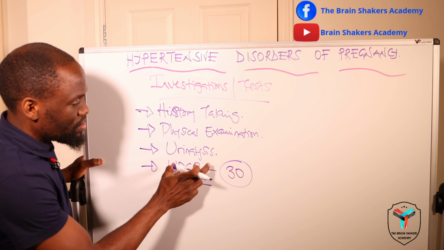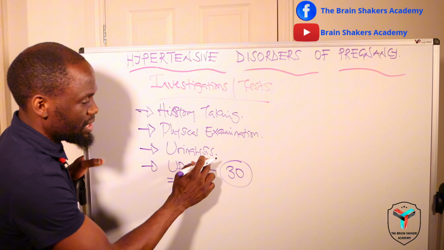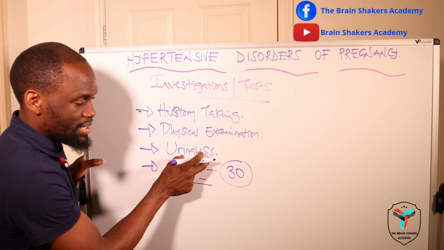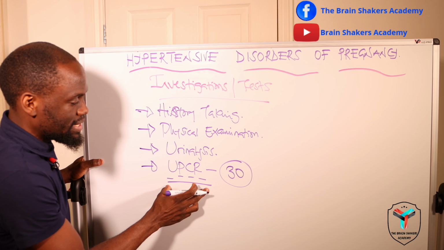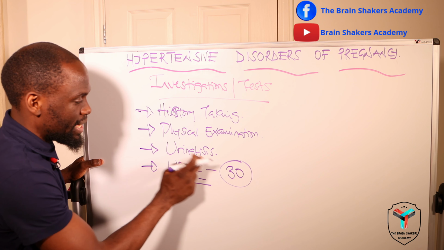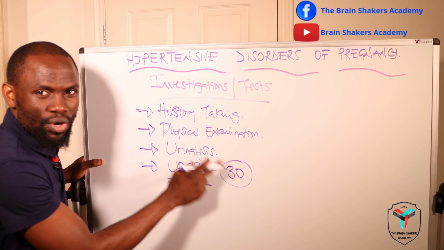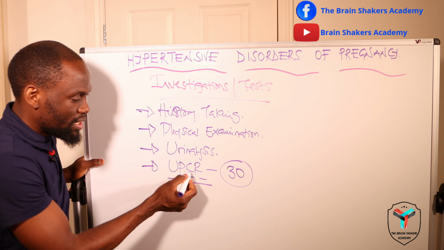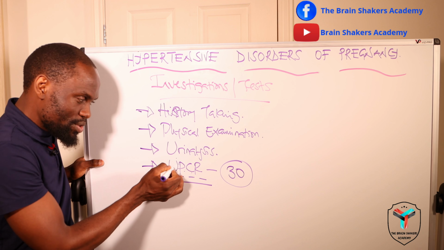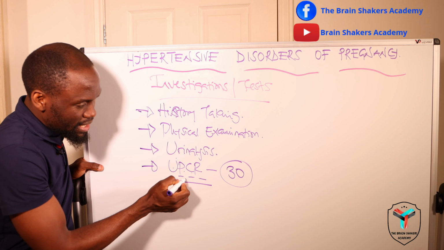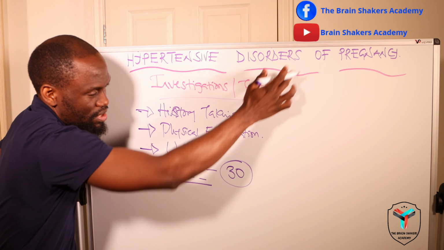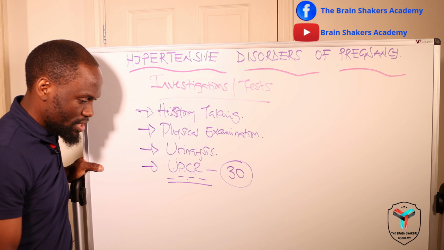So when you find a plus of protein in your urine dipstick here, you want to send that sample to the lab for further analysis, so that you can try and estimate the ratio. What is the ratio of protein to creatinine in the urine that you have actually submitted? So this one plays a key role also in the diagnosis of that hypertensive disorder.